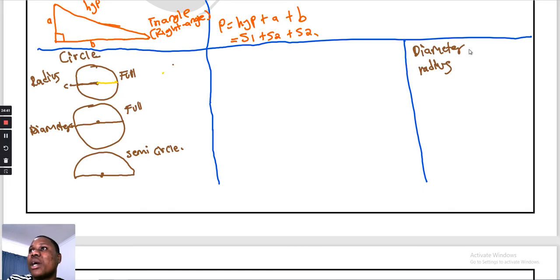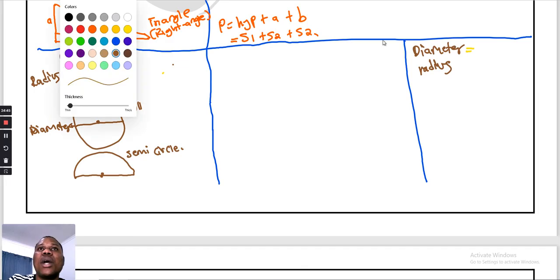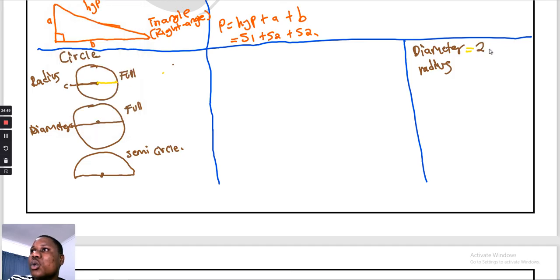So when we come to our calculations, our diameter is equal to 2 radius. And what do we need to have if we need a radius? We must have a full diameter, and we take that diameter and divide it by 2, and then we'll get a radius. Okay?